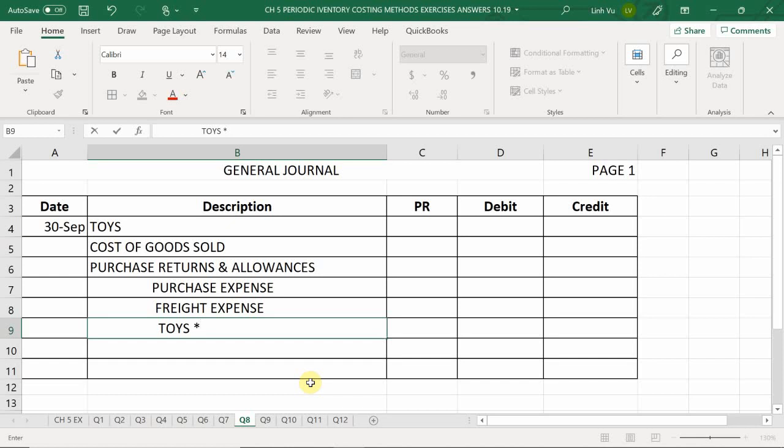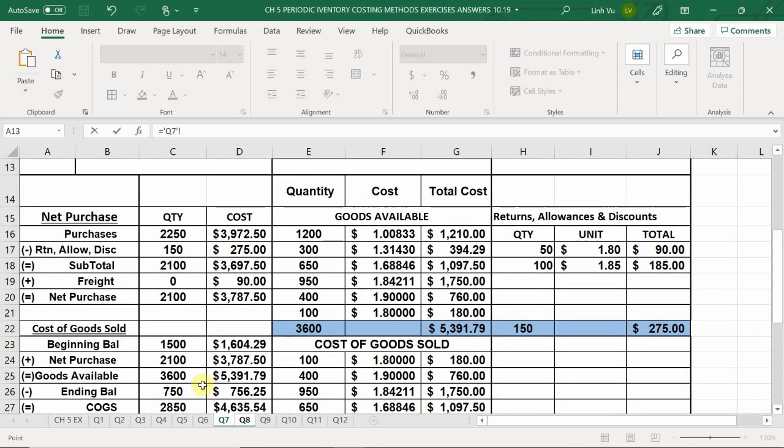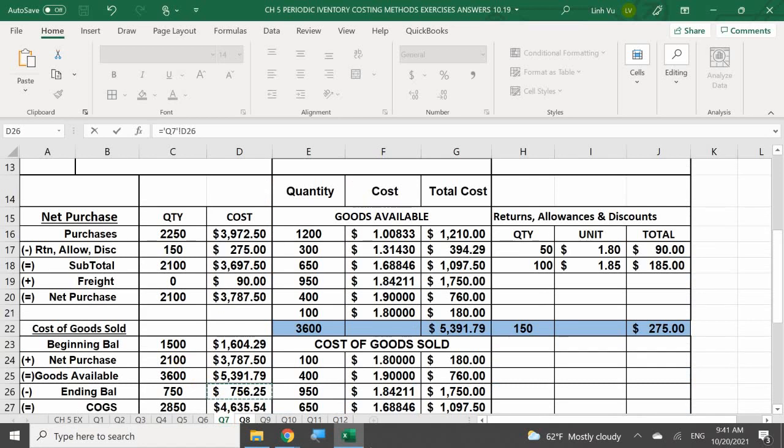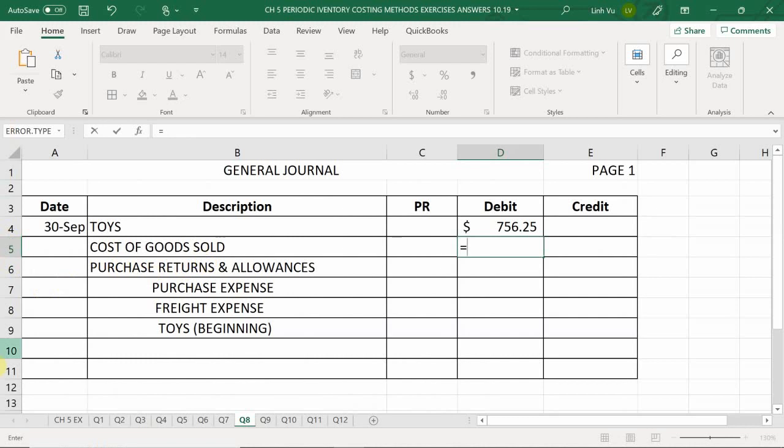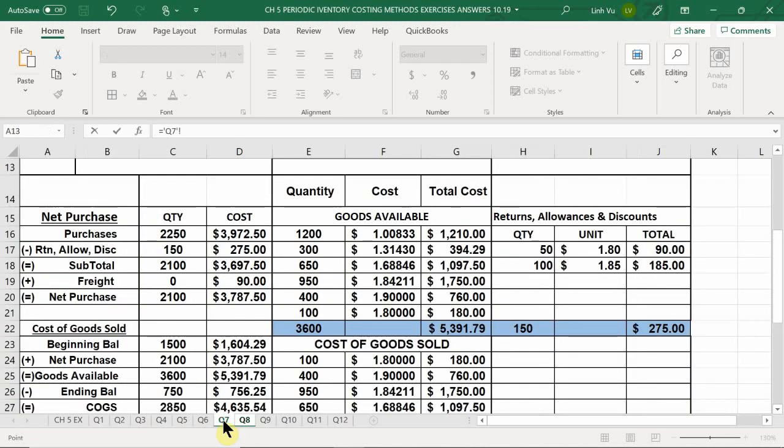All right, so I'm going to allow you to have this as a reference point that this is beginning. Okay. So let's plug our numbers in. What was the total value of my ending inventory? 756. That was correct. What was my total cost of goods sold? $4,635.54.